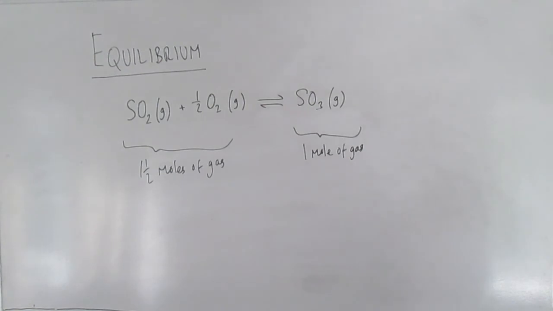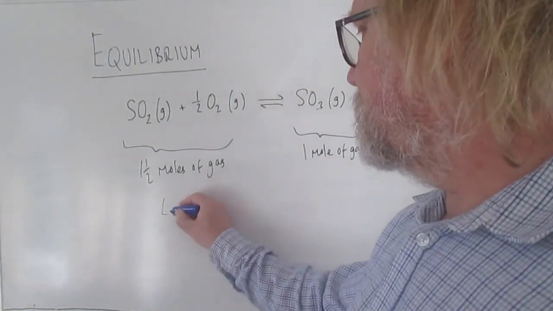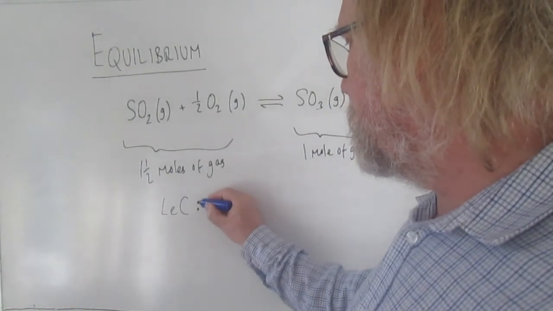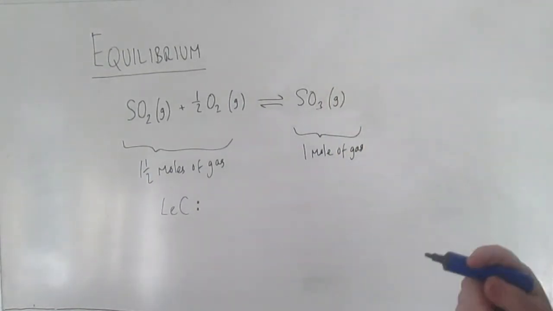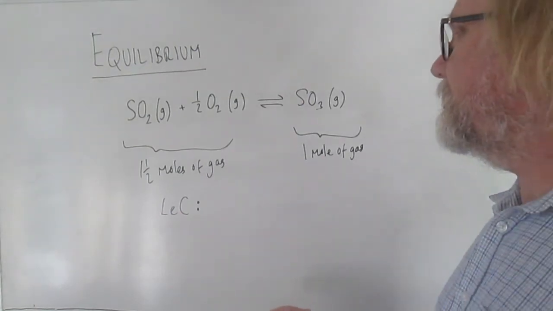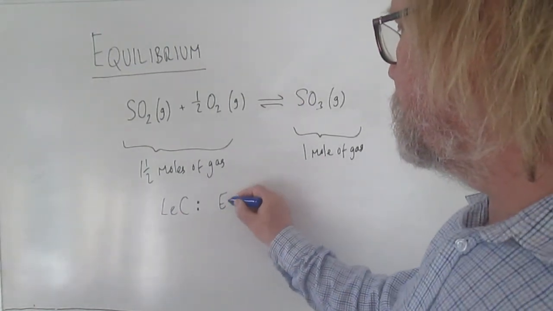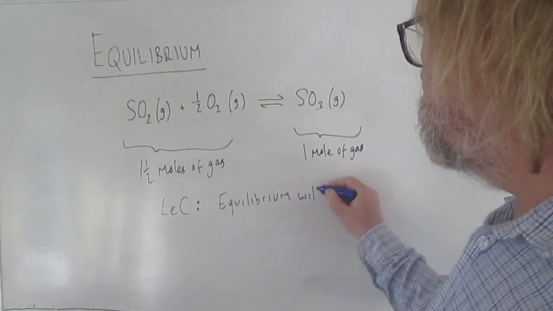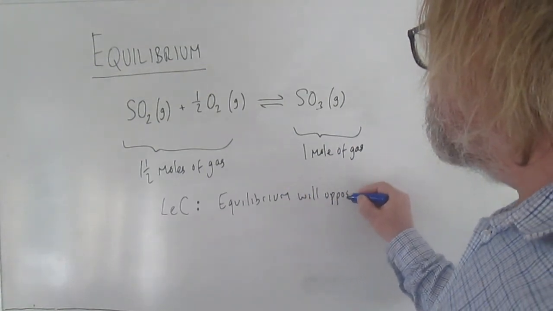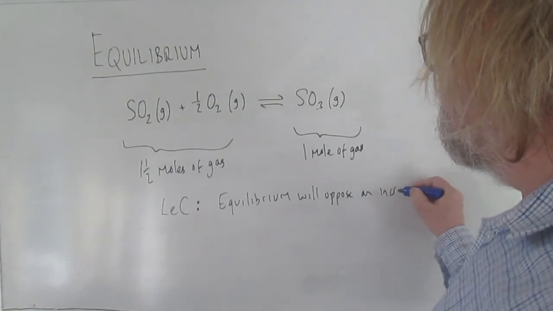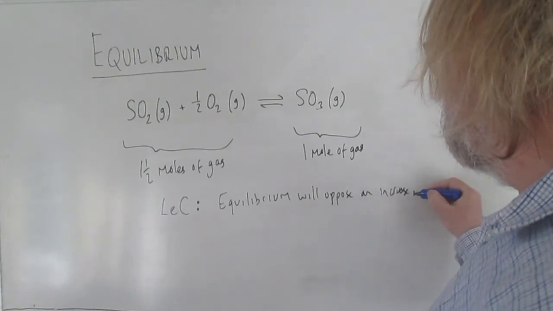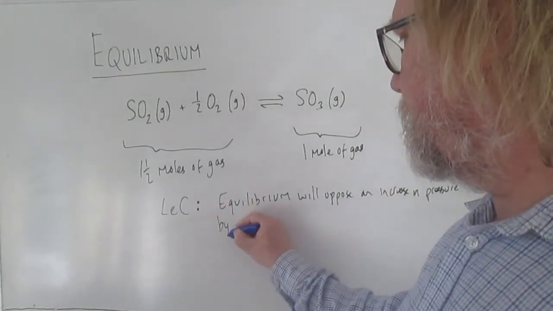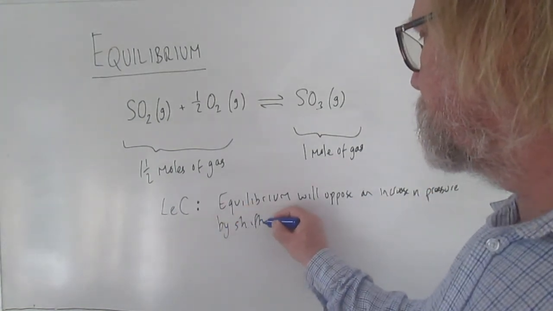Okay, so again, it's a Le Chatelier explanation. We're not explaining things at a deep level here, we're just applying the rule. Okay, and it says that the equilibrium will oppose an increase in pressure by shifting in the direction where there are fewer moles of gas.